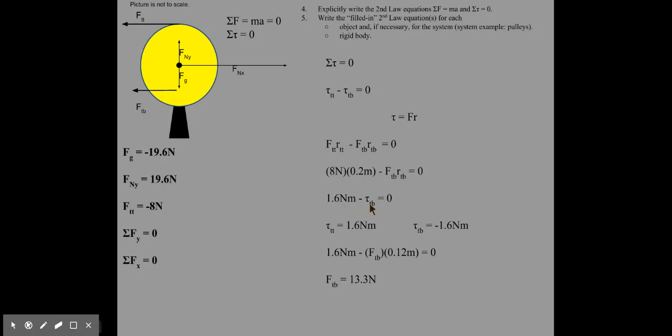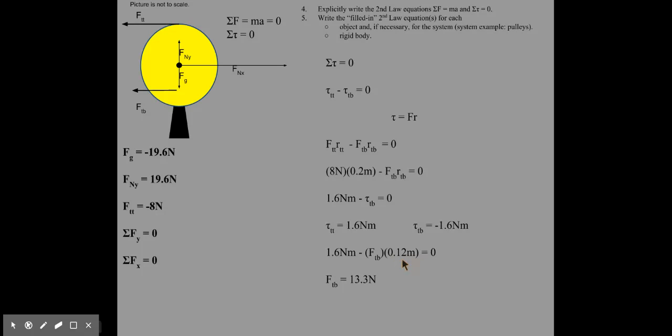And the force of tension at the bottom, we've got to calculate that. Well, since we know from up here that the two of them added together should equal 0, the torque from the force of tension at the bottom should be negative 1.6 Newton meters. So if we rewrite this equation and plug in what we know, we end up with this equation here.